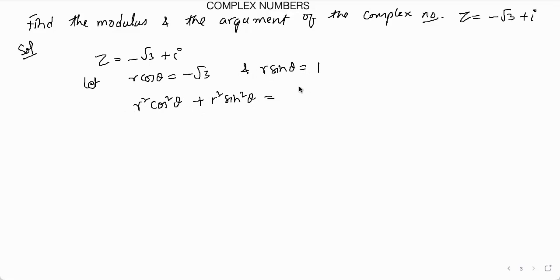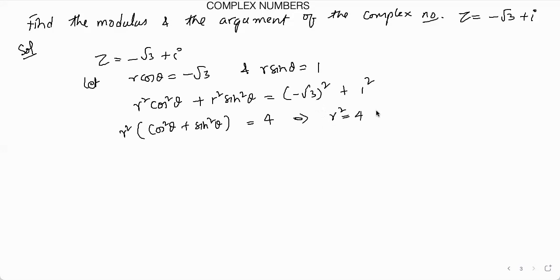Take r square common, cos square theta plus sin square theta. When you add this, you'll get 4, right? And cos square theta plus sin square theta is 1. So r square is 4, or r is equal to 2.